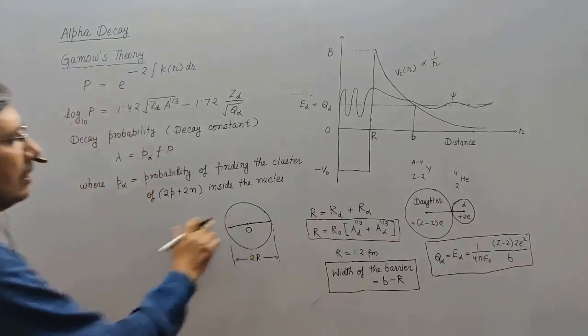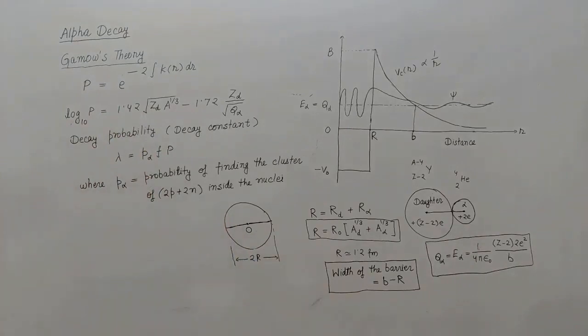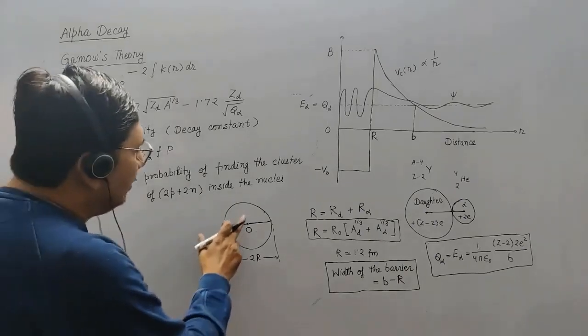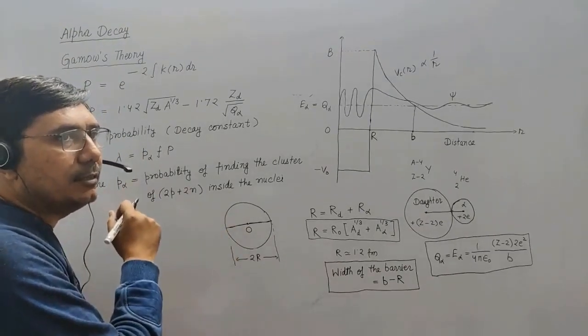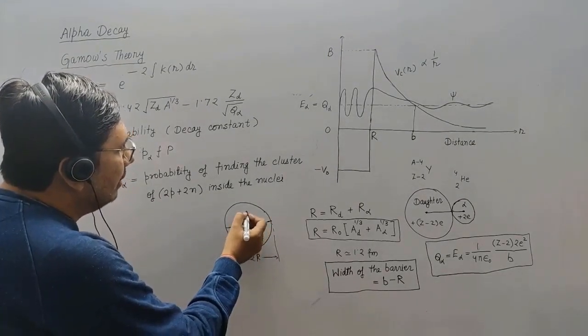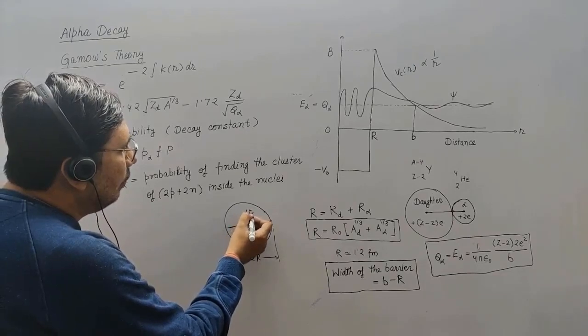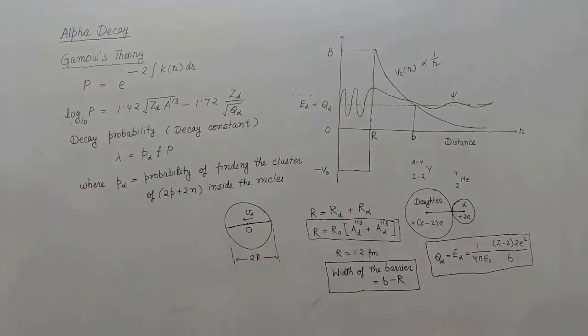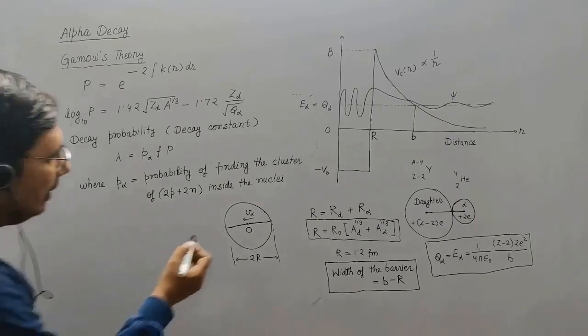When the alpha particle is formed inside the nuclei, it will have some kinetic energy, and due to this energy it will move inside the nuclei. Suppose it is carrying some energy E alpha, and corresponding to that energy, it will move with some velocity V alpha. When it is moving with V alpha, then what is going to happen?